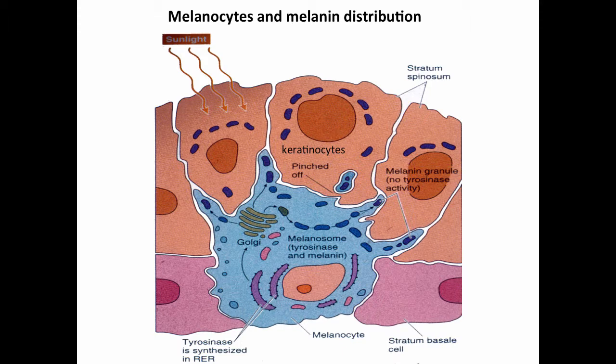Melanocytes synthesize melanin and package it into granules called melanosomes, and then they transport these melanosomes into processes and pinch off bits of their cytoplasm containing the melanosomes, and these are phagocytized by the adjacent keratinocytes and then form a barrier around or above the nucleus of these keratinocytes, thus protecting the keratinocytes as well as the vulnerable basal cells, which are undergoing division, from damage by UV irradiation.